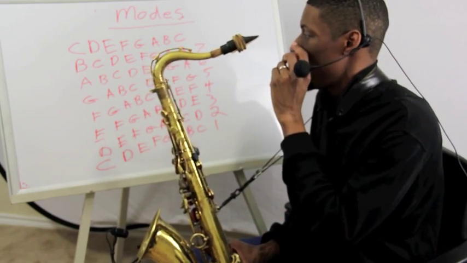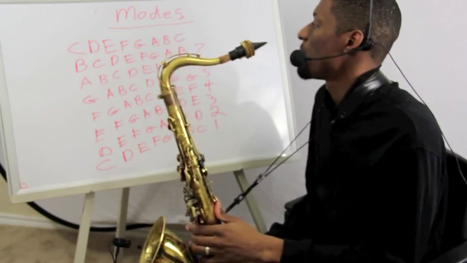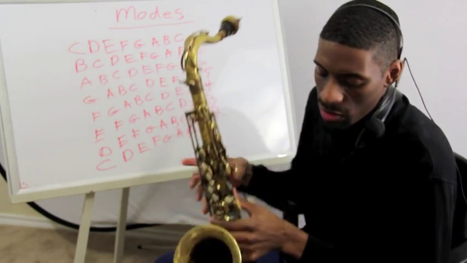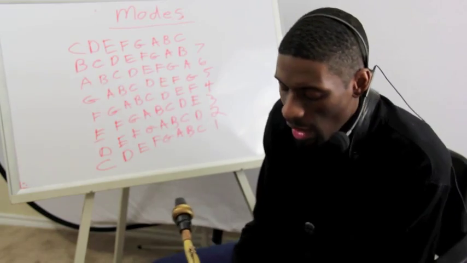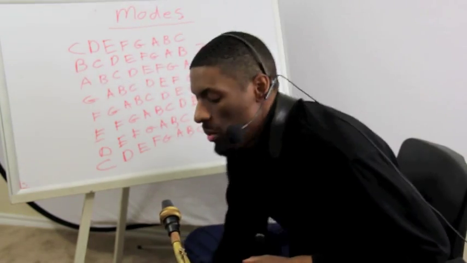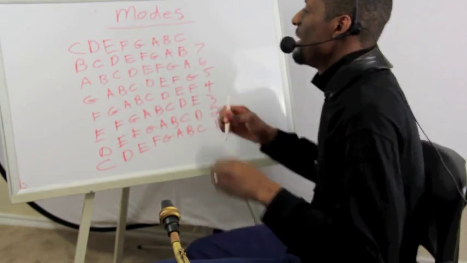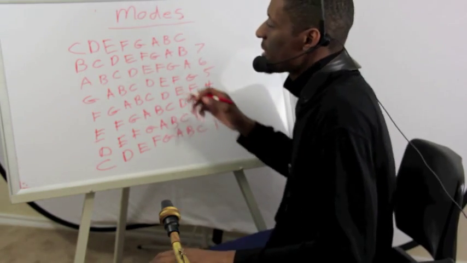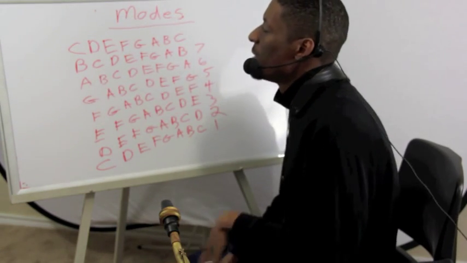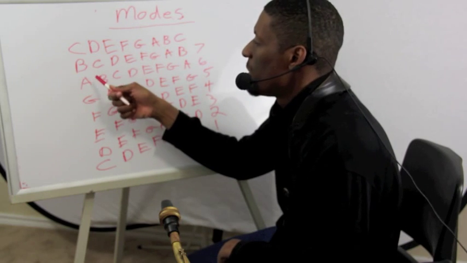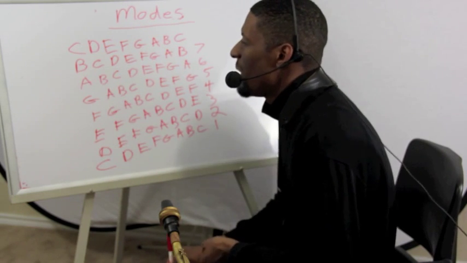Okay, so let's check out some of the different notes that are altered, so y'all won't say I didn't cover it. So all right, so let's look at the half diminished. The distance between B and C is a half step.